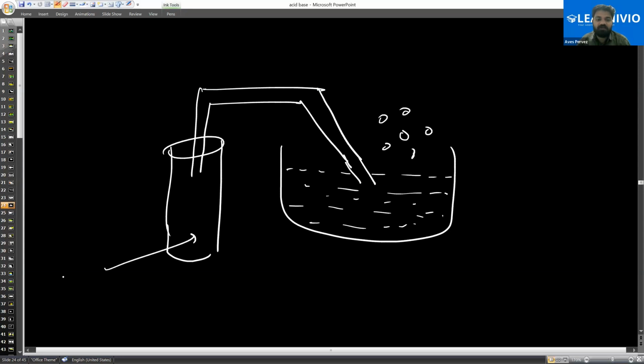This is HCl, hydrochloric acid, and it is reacting with zinc. It is producing hydrogen gas.